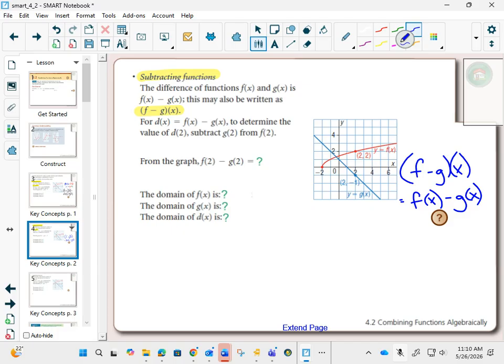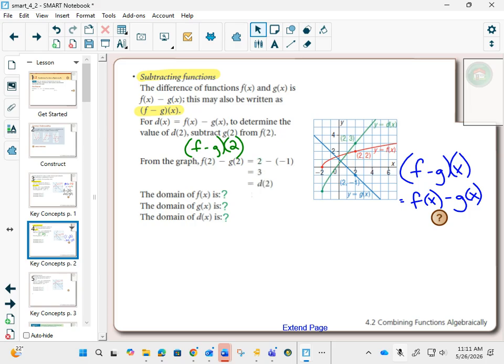So just to be aware of that notation, because sometimes on an exam, you get a notation you haven't seen before, all of a sudden you feel like you can't do that question. So this f of 2 minus g of 2 could have been written as f minus g of 2.